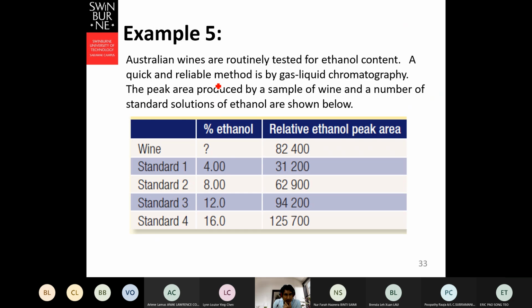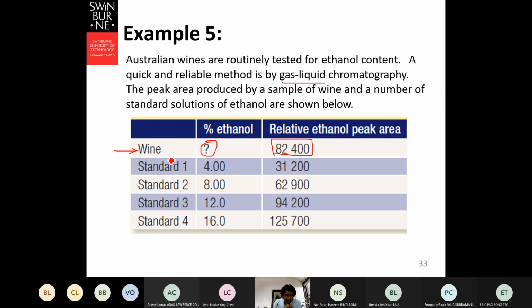Now it says that the wine needs to be tested for ethanol content, and by gas liquid chromatography we can do so. I did the run and found that it has a relative peak of 82,400 in the wine sample.